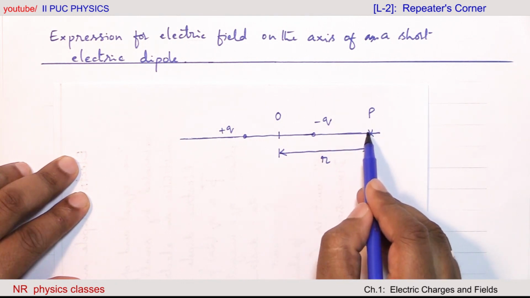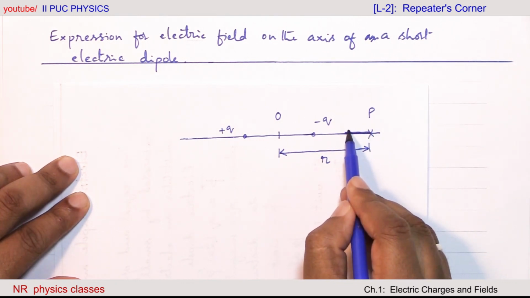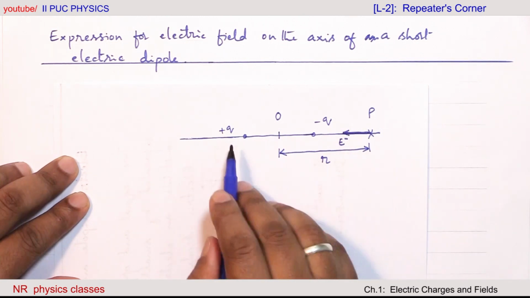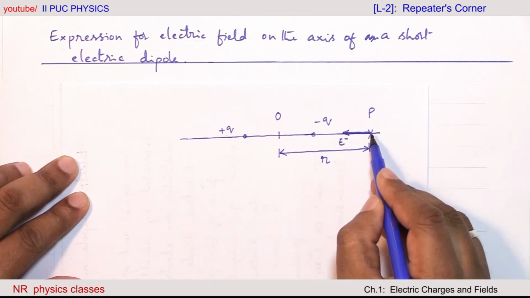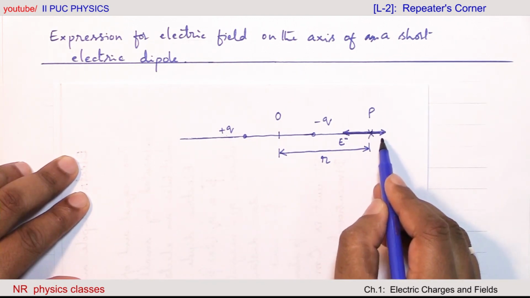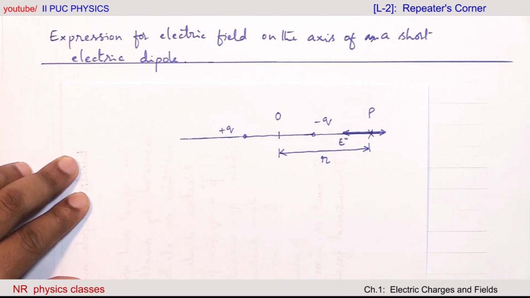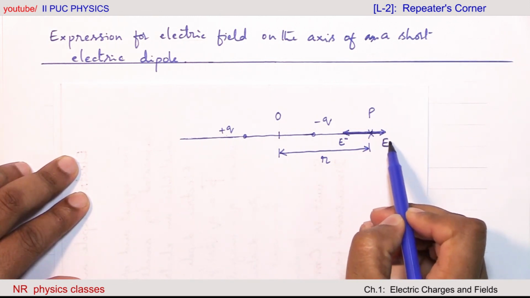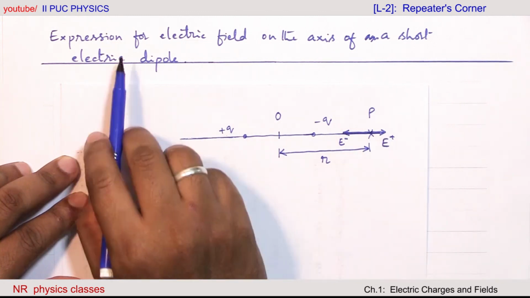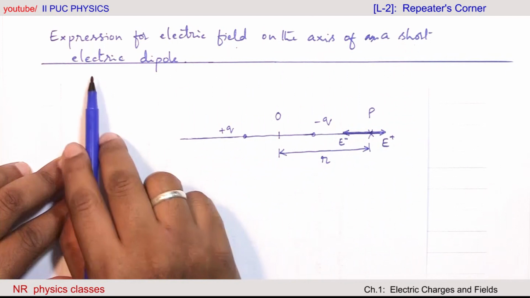Electric field due to minus q is towards it. So this is E minus. Because of the positive charge, electric field at P is away. This convention we know. This is E plus.